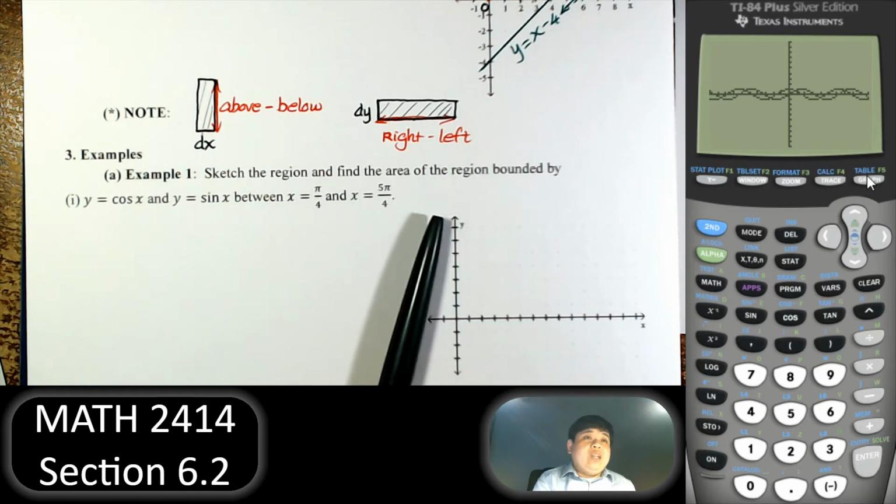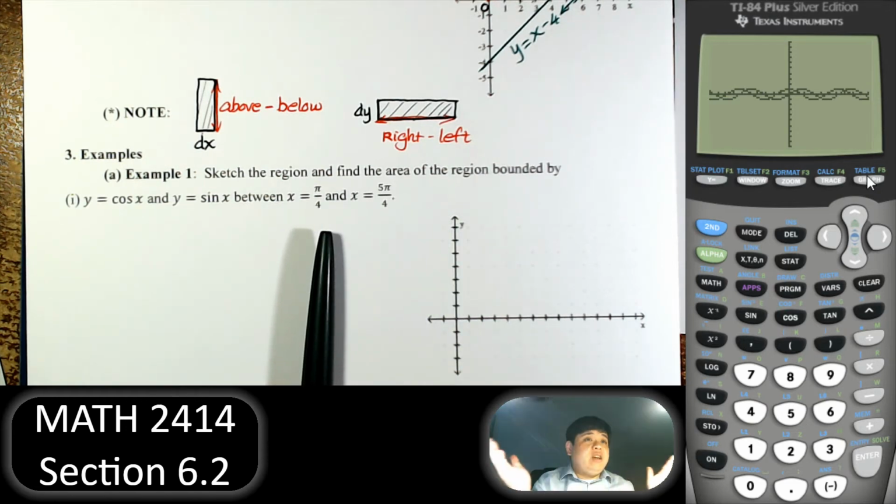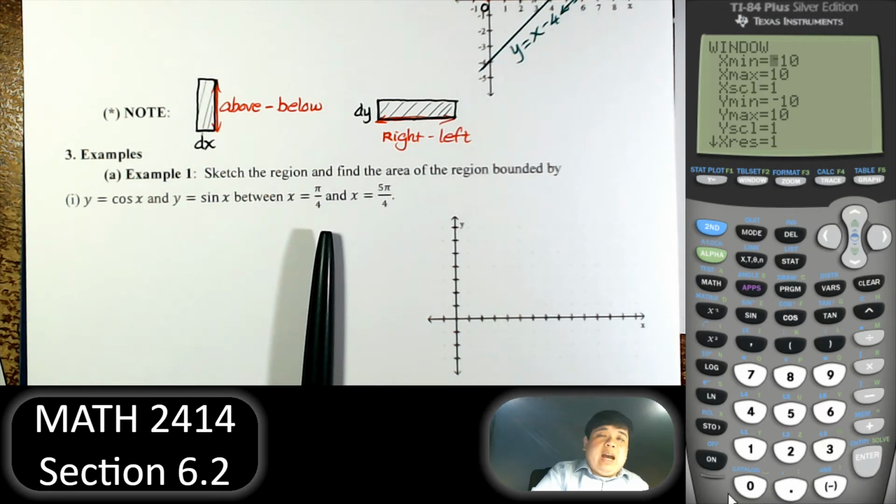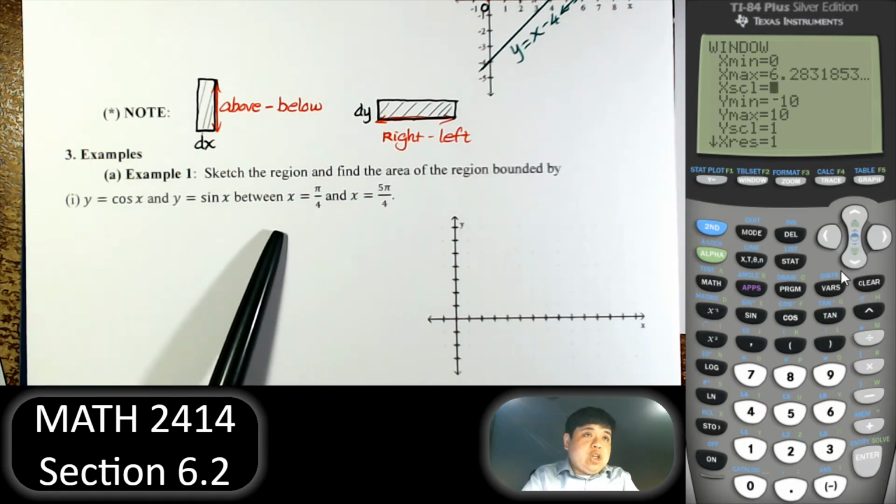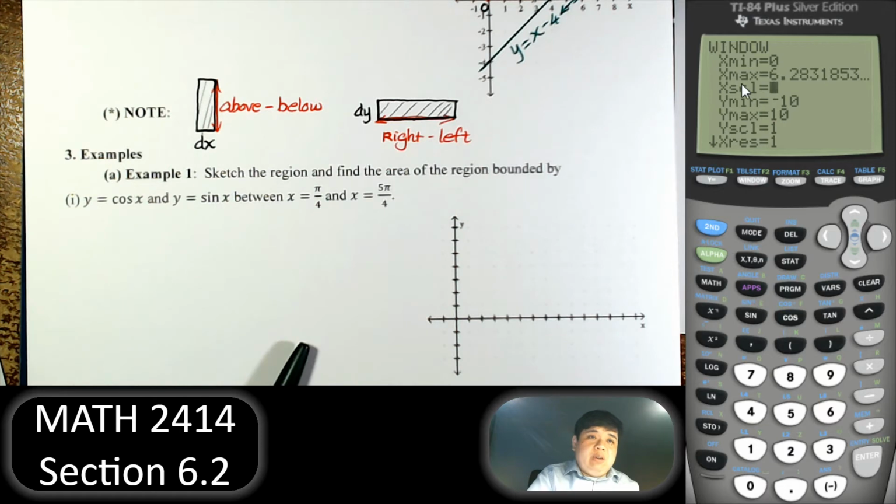So it is wise to just graph from, let's say, 0 to 2 pi. So I hit Window, and I would say, how about x going from 0 to 2 pi. And here is the scale for each increment. How about pi over 4? Because we have pi over 4 here.